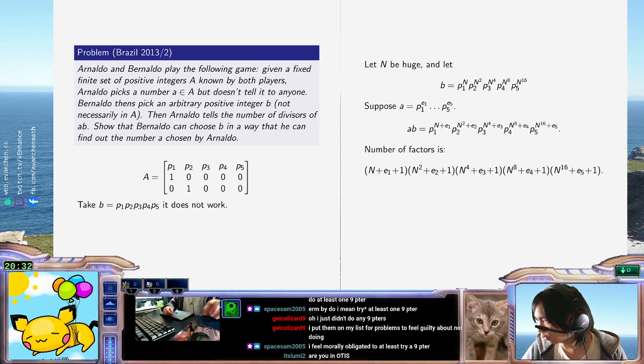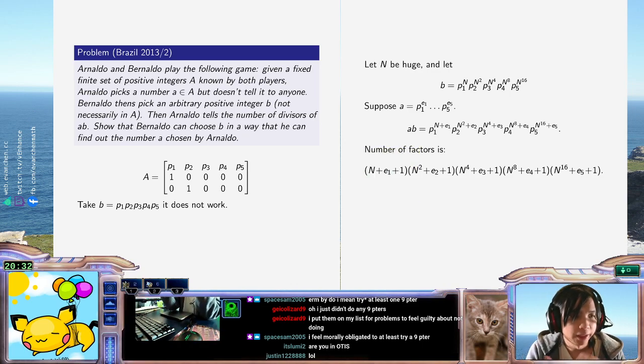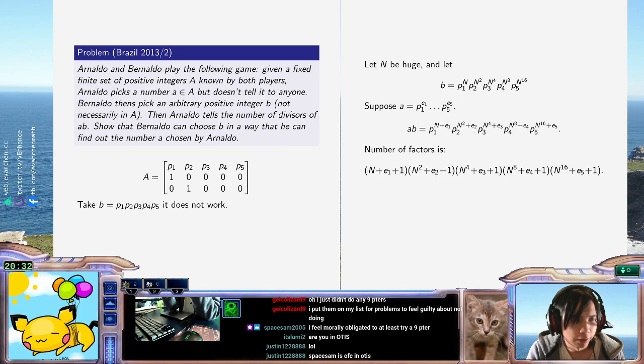Because when I expand this, if n is big enough, then there's no regrouping. So by looking in base n, you can recover whatever products went into it, right?